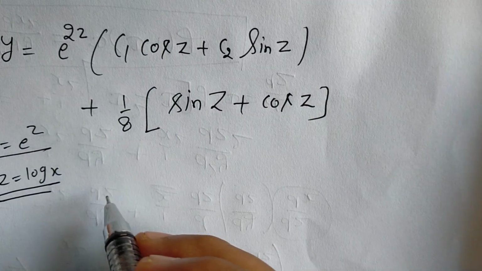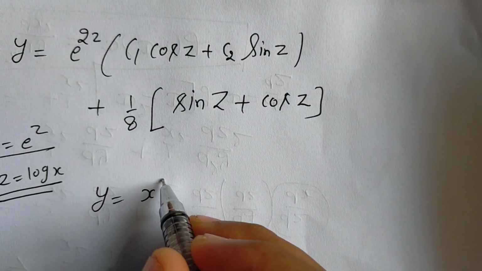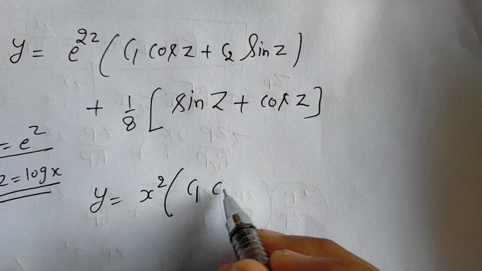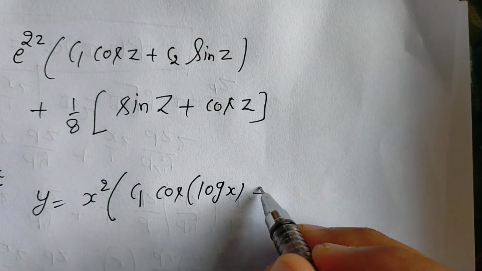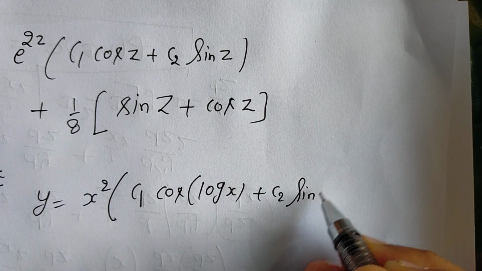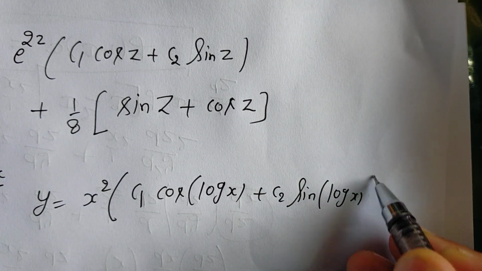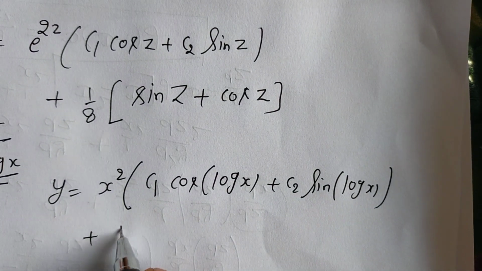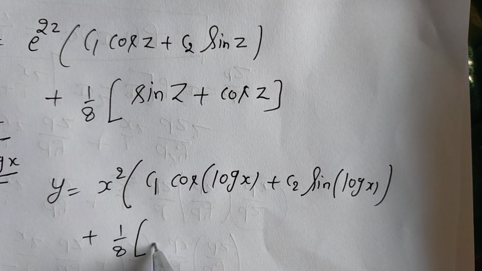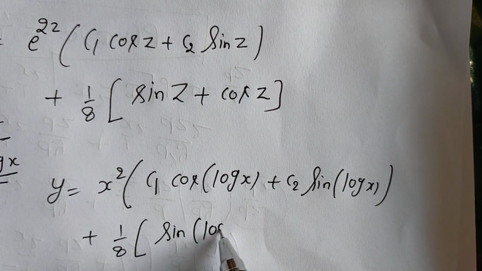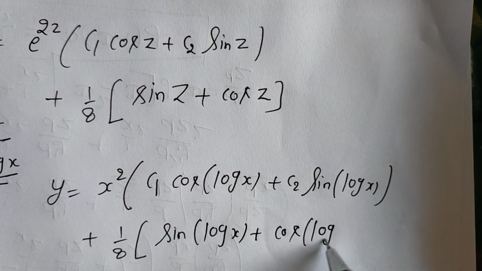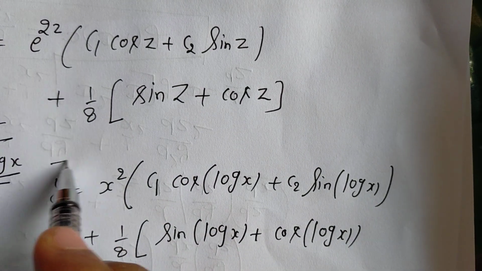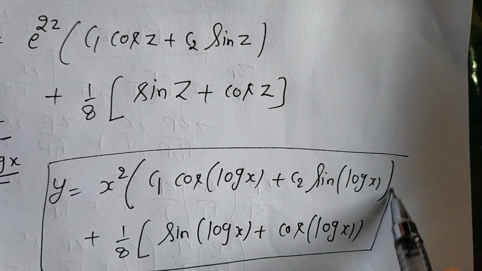So your final answer will be y equal to x square, c1 cos log x plus c2 sin log x, plus 1 by 8, sin log x plus cos log x. So this is our general solution.